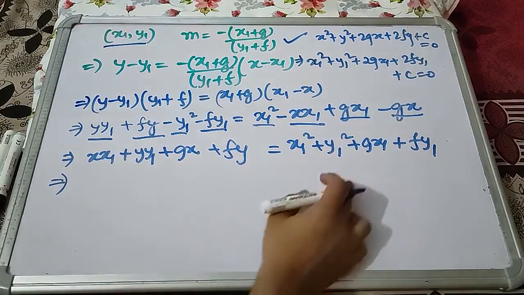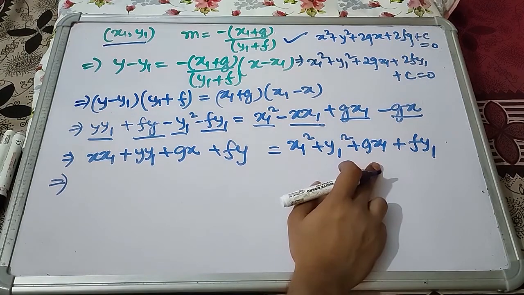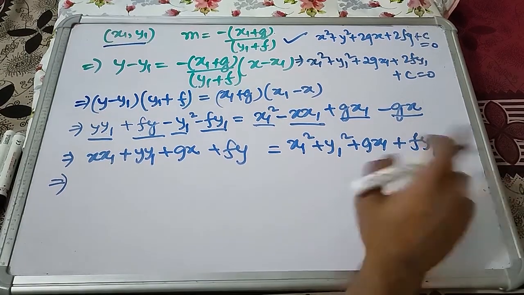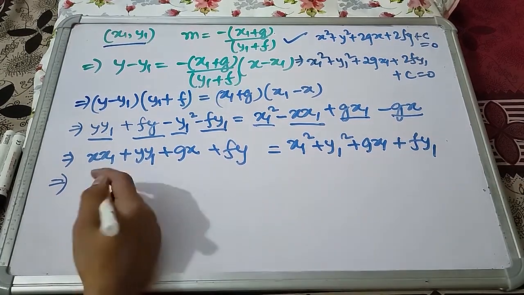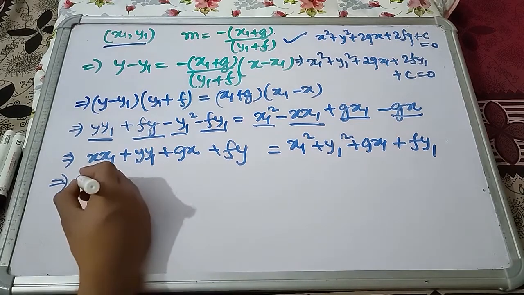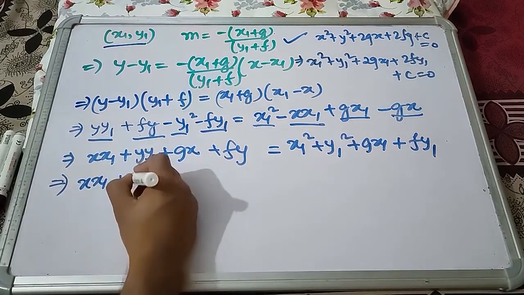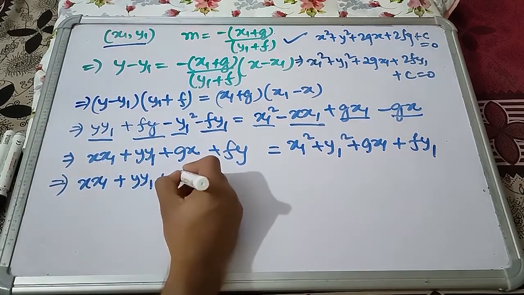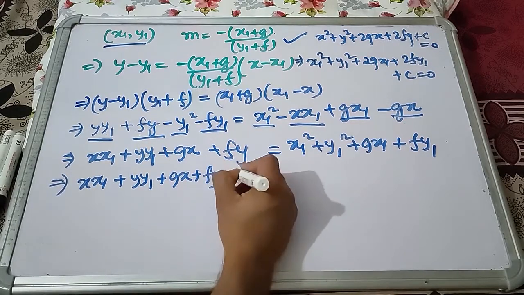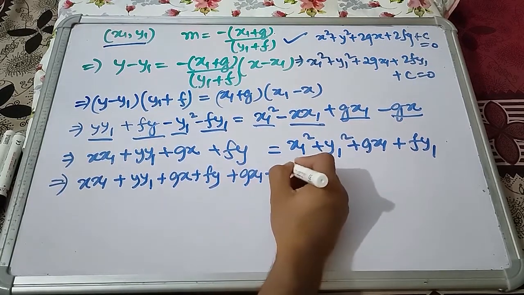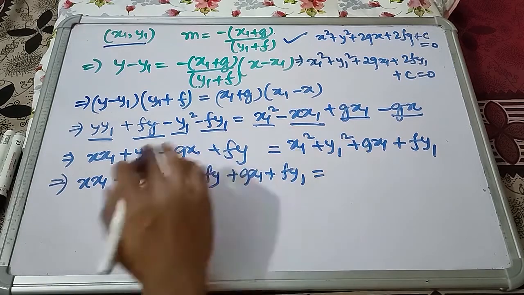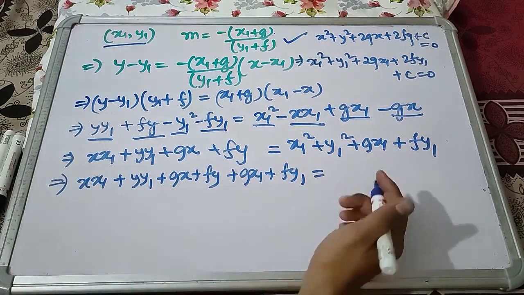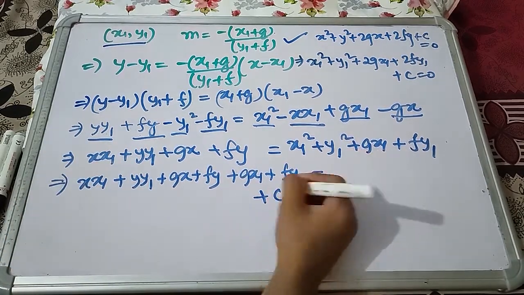So what are we missing on this side? We need another g x1, one f y1 and one c, then we can equate this side to 0. So we add these three terms to both sides: x x1, y y1, plus g x plus f y plus one g x1, one f y1, and it is equivalent whether you add or do not add the c on both sides. For your convenience I am adding it.